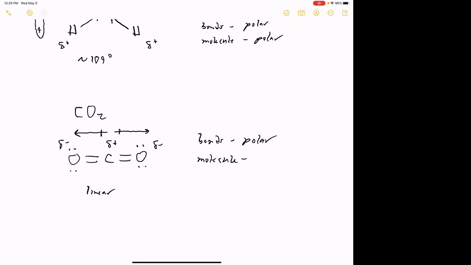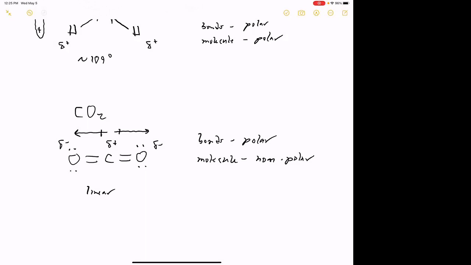Is it going to be polar or non-polar if the dipole moments cancel? Non-polar? You got it. Very good. So here's another situation where we have polar bonds, but a non-polar molecule because of the canceling of the dipole moments. There's no net dipole moment here.